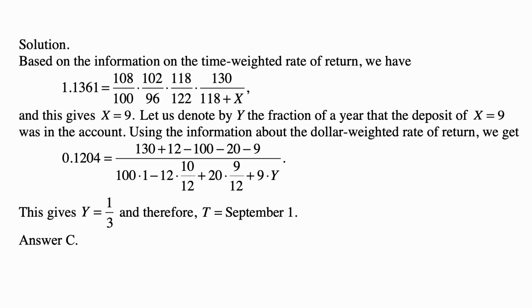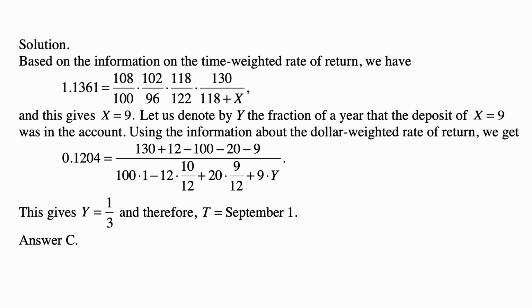Then let us write Y for the fraction of a year that the deposit of X equal to 9 was in the account. And then we write out the formula for the dollar-weighted rate of return, which you should remember is calculated using the assumption of simple interest. And that dollar-weighted rate of return, which is known to be 12.04%, is equal to the net increase in the value of the account.